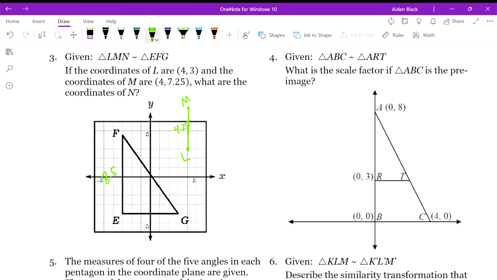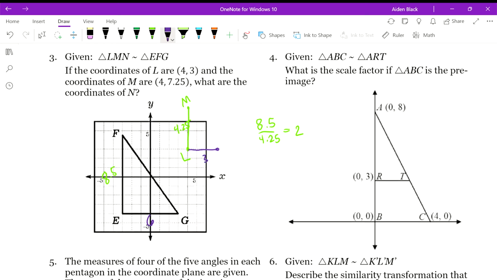Okay, so let's see. All we really need to do is say, the ratio from 8.5 to 4.25, well, that's just 2. So then let's look at the length of EG. It's 1, 2, 3, 4, 5, 6. So if this is 6, then this must be half the length of that, which would be 3. 1, 2, 3.